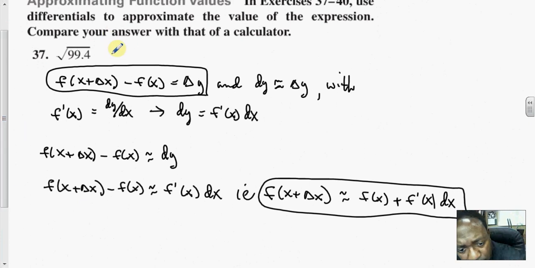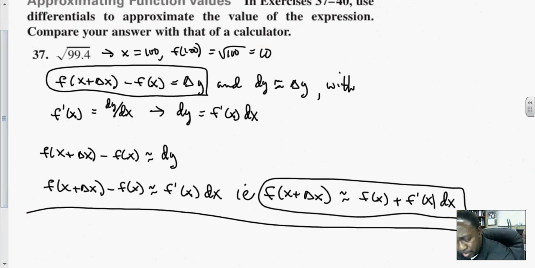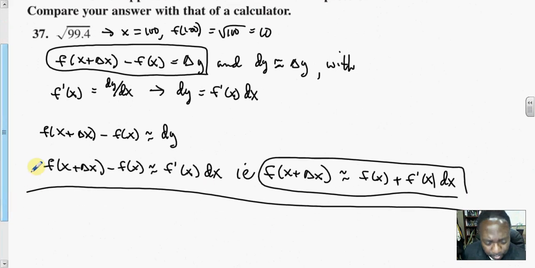Consider this: x is equal to 100, because I know f of 100 is equal to the square root of 100, and that's equal to 10, something that I know. With that in mind, x plus delta x equals 99.4.